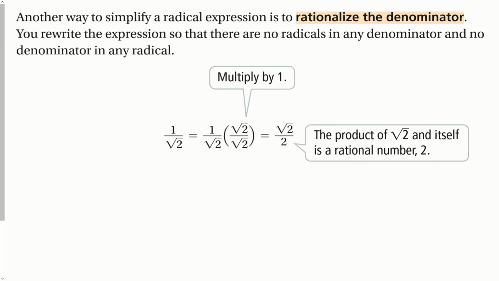Another way to simplify radical expressions is to rationalize the denominator. So when you rationalize the denominator, we rewrite the expression so there's no radicals in the denominator and no denominators in any radical. Okay, so if we had 1 over radical 2, we would multiply the top and the bottom by the same thing. The top and the bottom, as long as they're both the same, we're multiplying by 1, it doesn't change the expression.